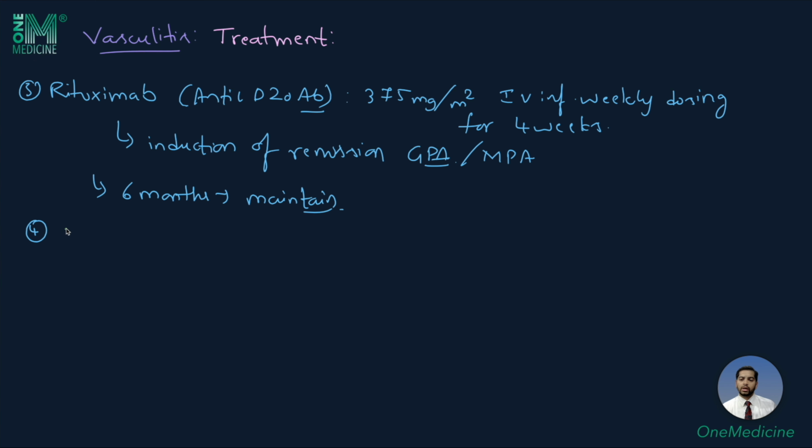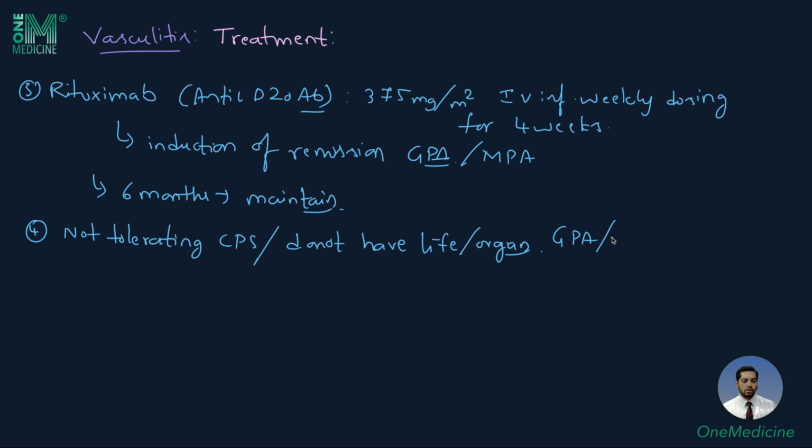In patients who cannot tolerate cyclophosphamide, or patients who do not have life-threatening or organ-threatening involvement in granulomatosis with polyangiitis or microscopic polyangiitis, such patients can be tried with methotrexate up to a maximum dosing of 25 milligrams per week.